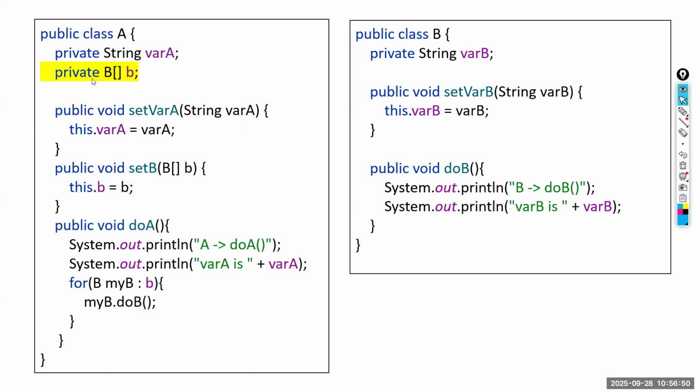So here we are using an array. One object of A is associated with many objects of B, but B is not associated with A. This is unidirectional one to many. That means the B object cannot call behaviors of A objects.